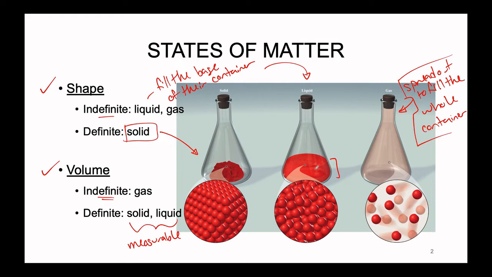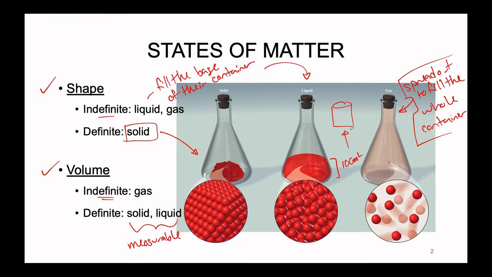For example, if the liquid in this center container is 100 milliliters, and we transfer it out of this flask into a beaker, inside of this beaker, it's still going to be 100 milliliters of this liquid. So the solids and the liquids will maintain their own specific volumes, irrespective of the type of container that they're held in. So solids have definite shape and definite volume.